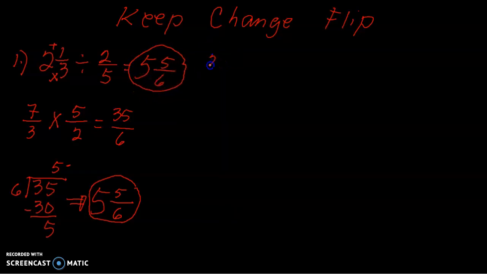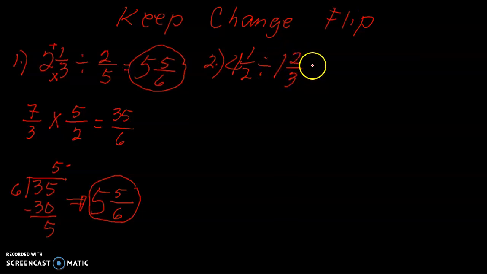Okay. Example number 2. For our number 2 here, we have, let's say, pareho na silang mixed number. Let's say we have 4 and 1/2 divided by 1 and 2/3.